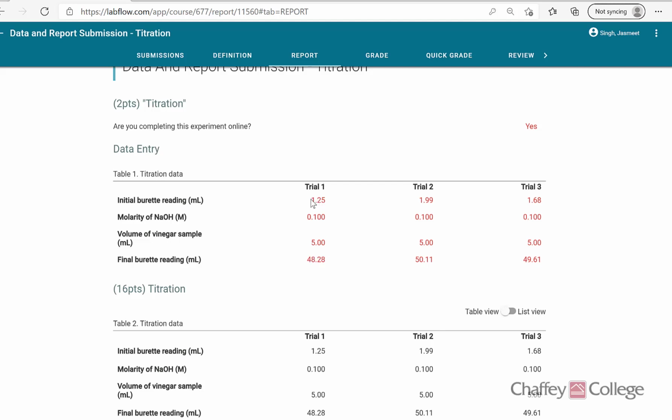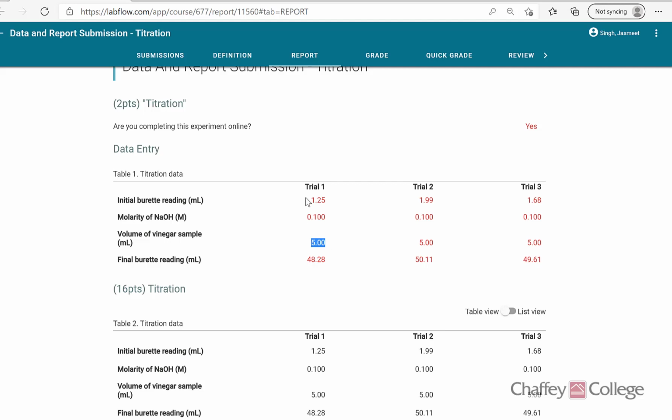The starting value in the burette was 1.25 and the end value is 48.25. The difference of these two numbers, 1.25 and 48.28, will give us the total amount of base added to neutralize the acid. The molarity of base is already given to us, and the volume of acid is also given to us.